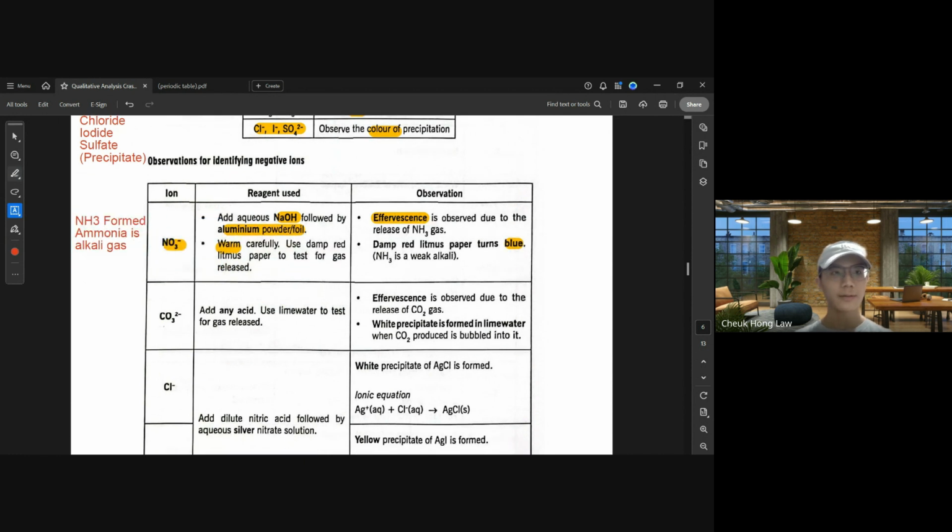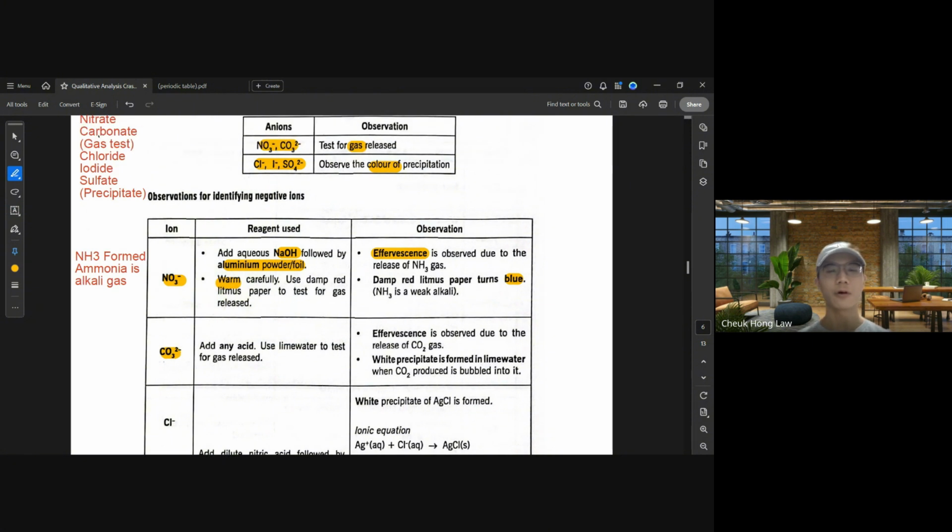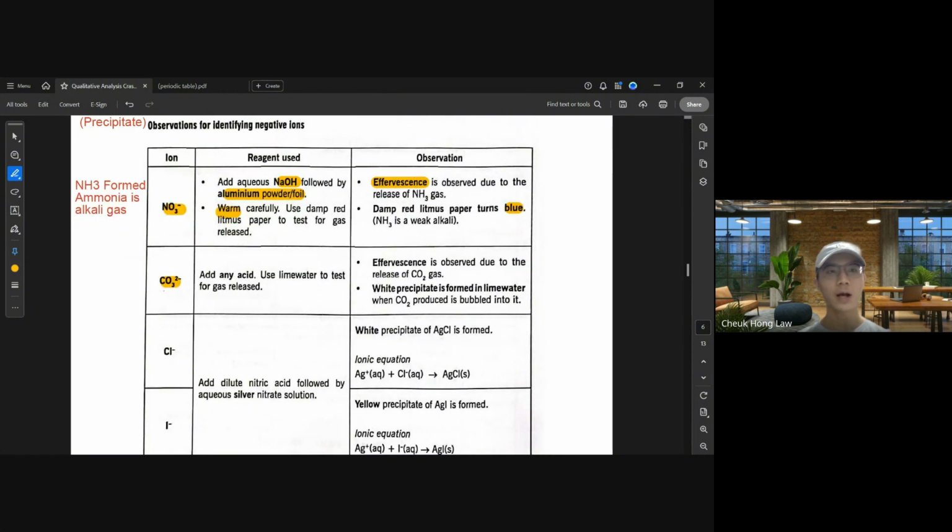Secondly, carbonate. Again, for carbonate, we have to test for gas. How do we test for carbonate? Add any acid. This one you don't really have to remember because this is actually learned in your acids and bases chapter. If you attended my acids and bases crash course, I went through the acid reactions.